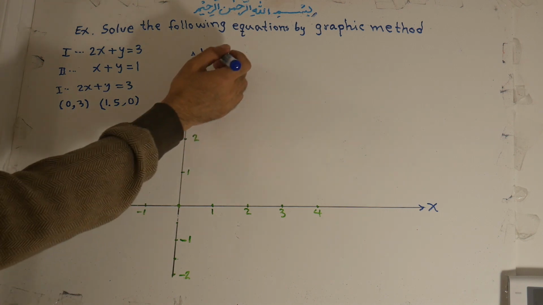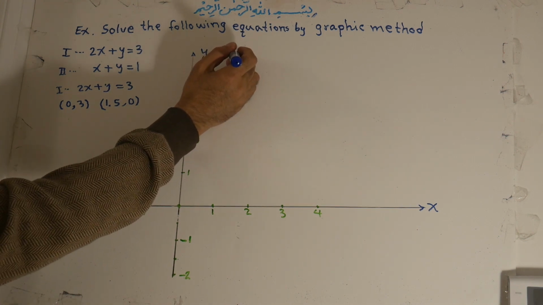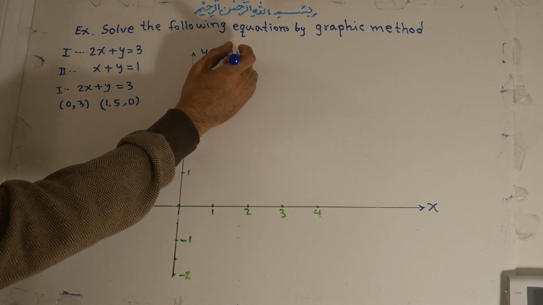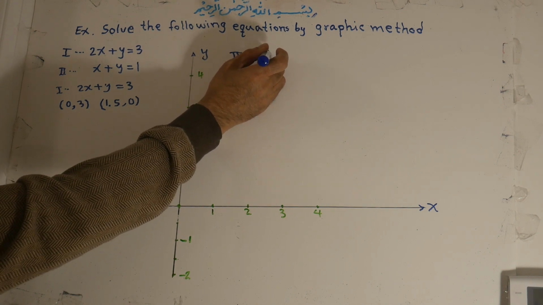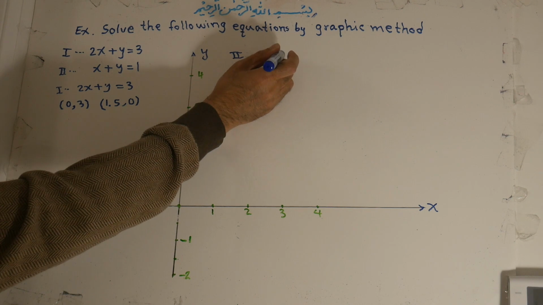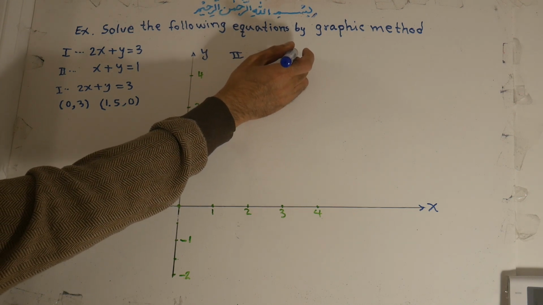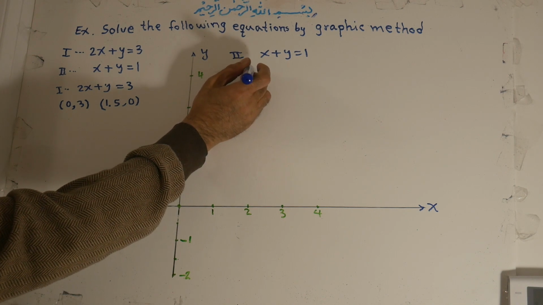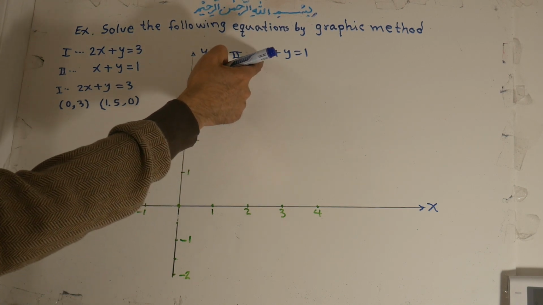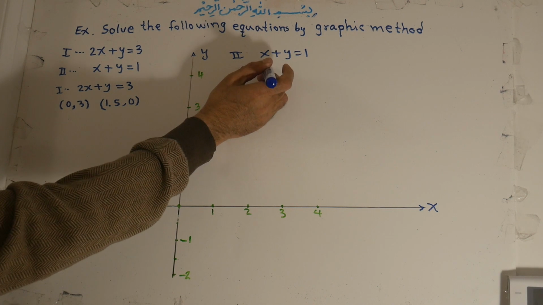And second, we solve for equation number 2, x plus y is equal to 1. If we put x as 0, y is equal to 1.